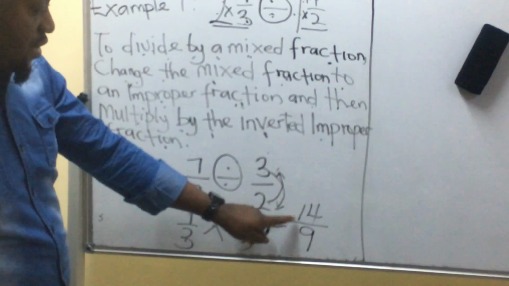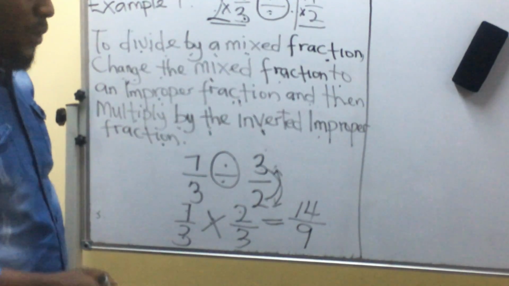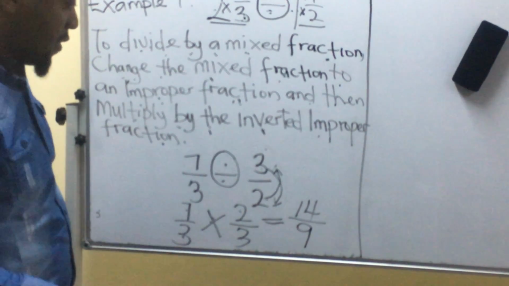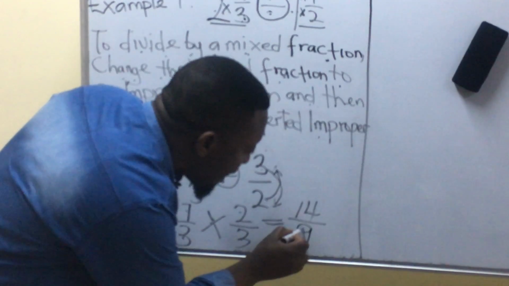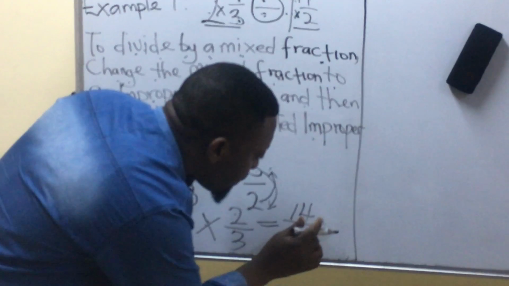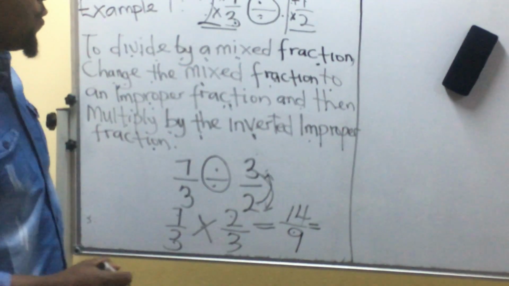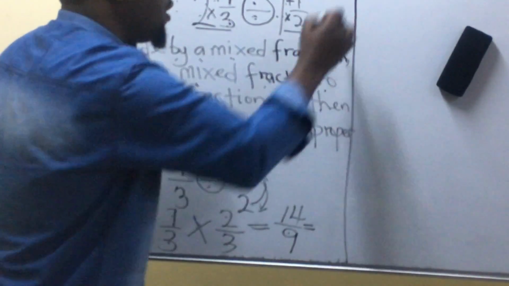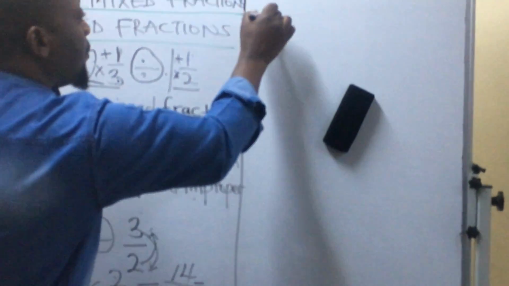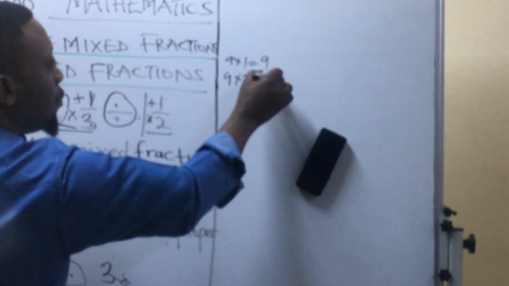This is an improper fraction. So we have to convert it back to a mixed fraction. And how do we do that? We say 9, how many of 9 are we going to see in 14? Let's check. 9 times 1, 9 times 2.